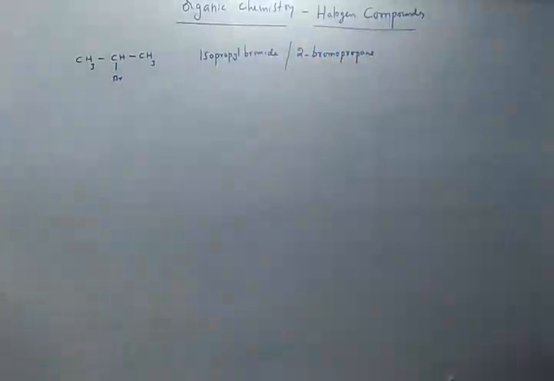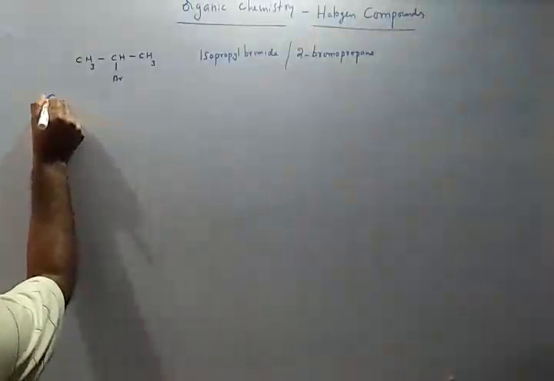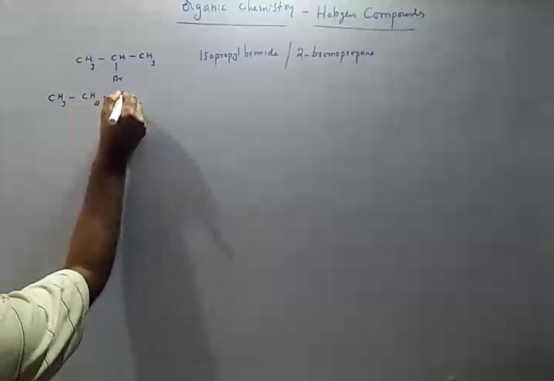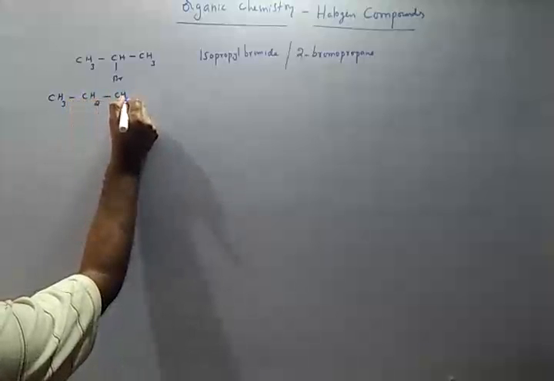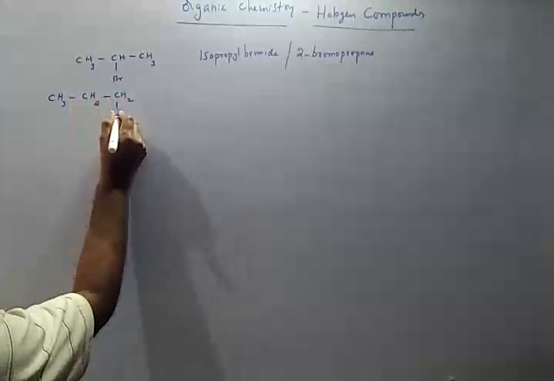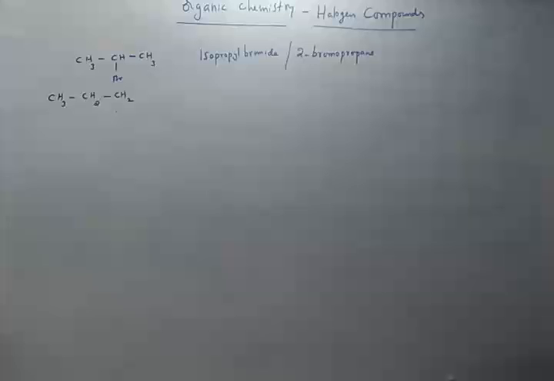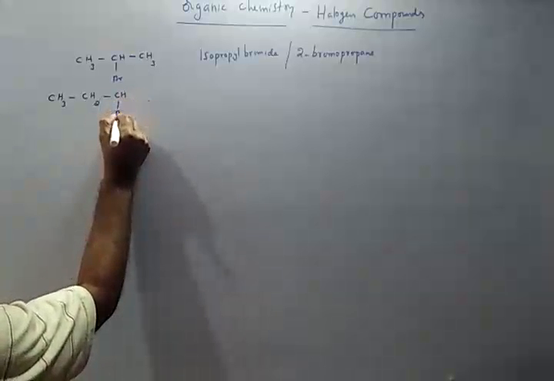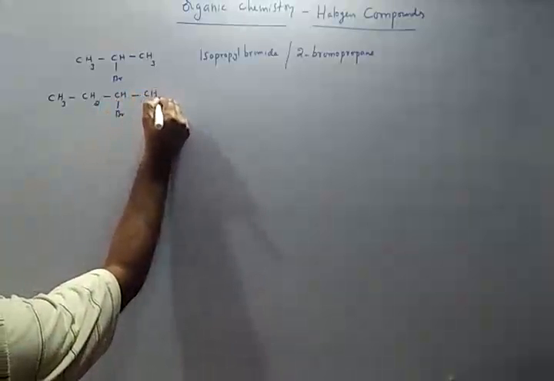That is the IUPAC name. Moving on to another example, secondary butyl bromide. I would like to write secondary butyl bromide now. That is CH3, CH2, CH with one Br here, and CH3.